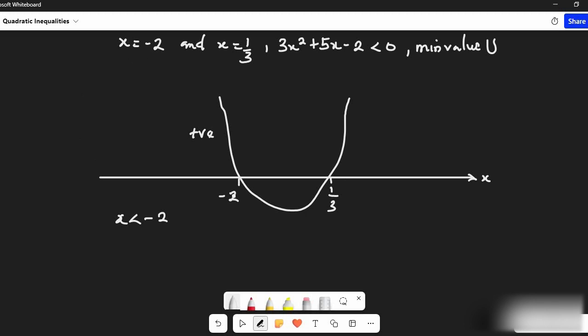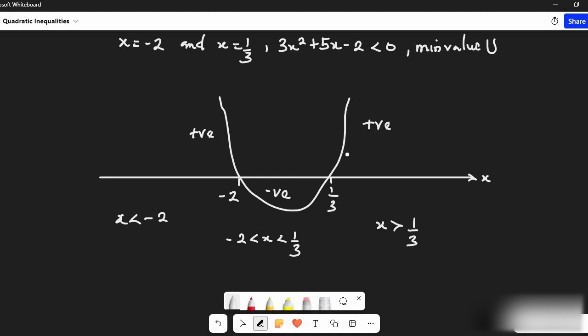Now here, in between minus 2 and 1 over 3, that is where minus 2 is less than x is less than 1 over 3, we have that the function is negative because it's below the x-axis, right? And then we have here, to the right of 1 over 3, that is where x is greater than 1 over 3, we have that the function is positive.